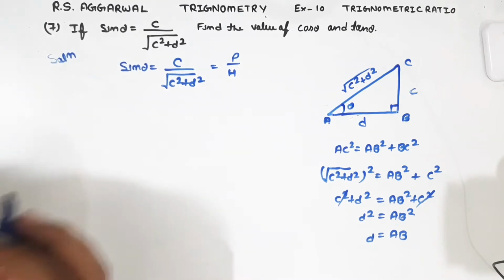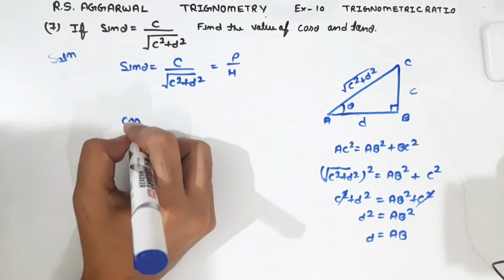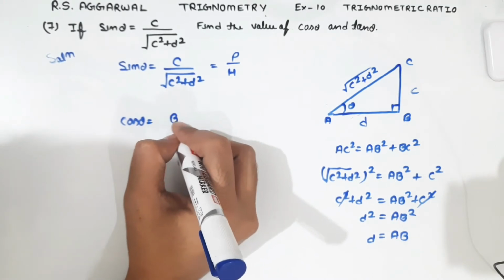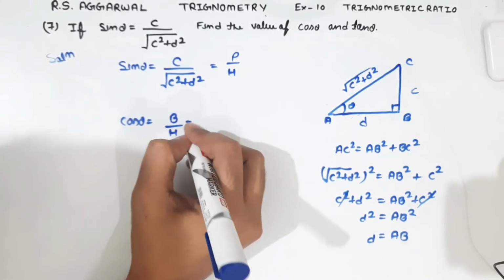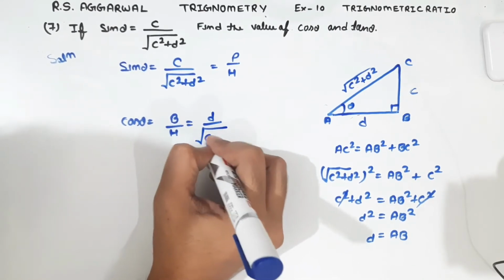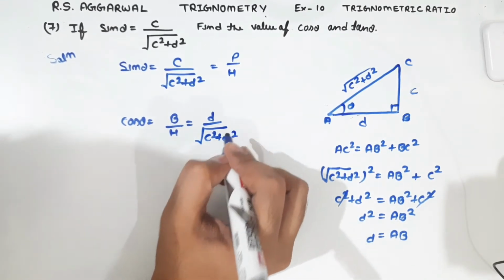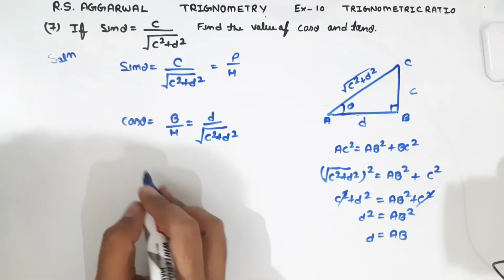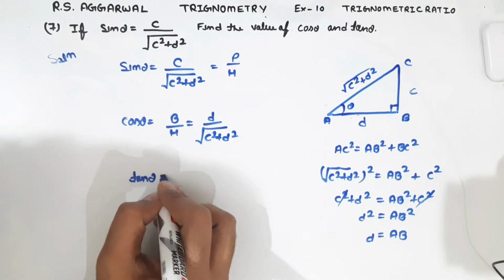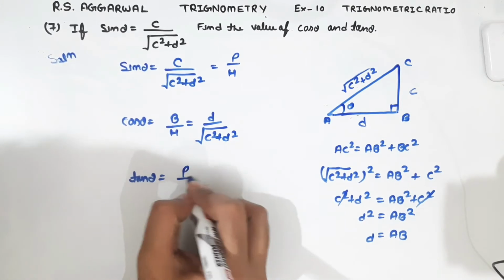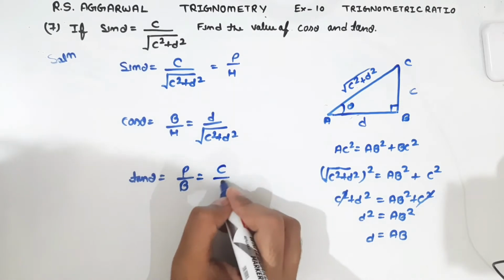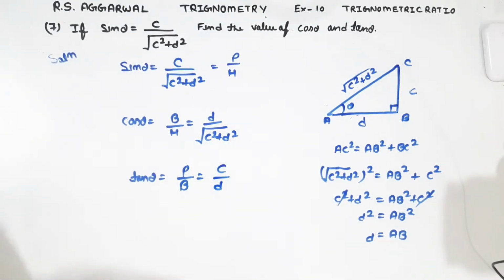So now we have to find cos theta, that is equals to base upon hypotenuse. So base is d and hypotenuse is under root c square plus d square. Then we have to find tan theta, that is given by perpendicular upon base. So our perpendicular is c and base is d. So that is c upon d.